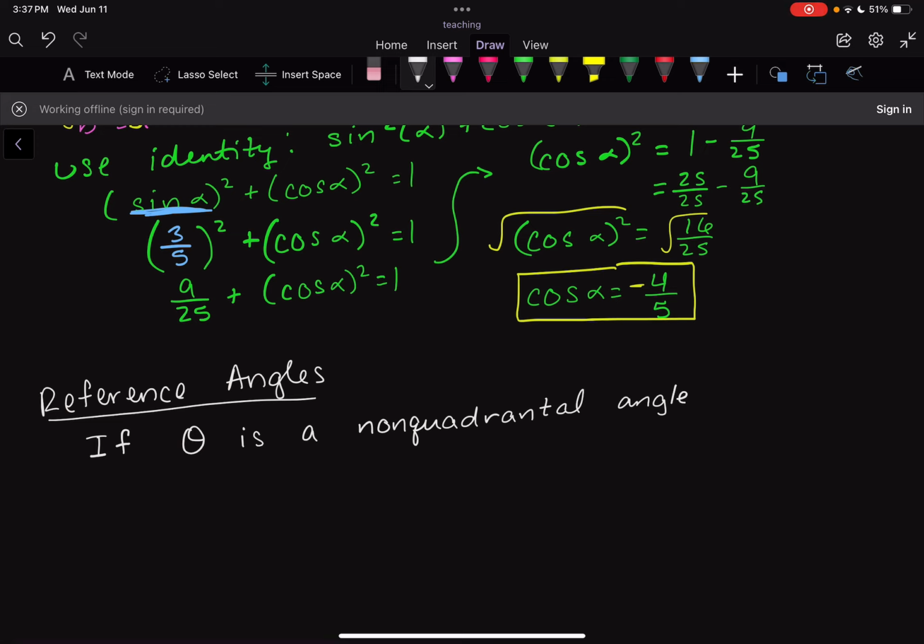None of the ones that are actually on the x or y axis. In standard position, meaning touching the x-axis, like it's coming from 0, so this is my initial side, and the angle is wherever else.